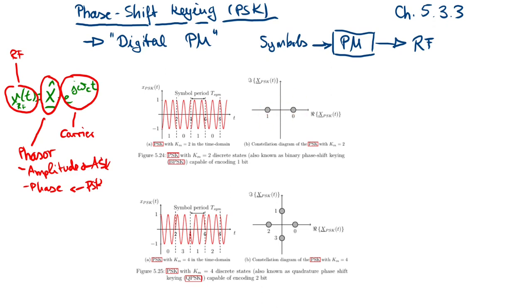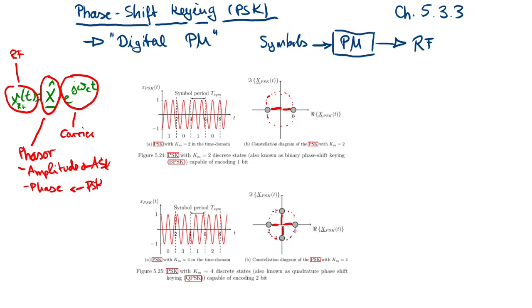And the discrete states are located on the unit circle here and here too. There's also the unit circle. So the amplitude is equal for both states. Amplitude is equal, as well as here, equal amplitude. But what's different is the phase.